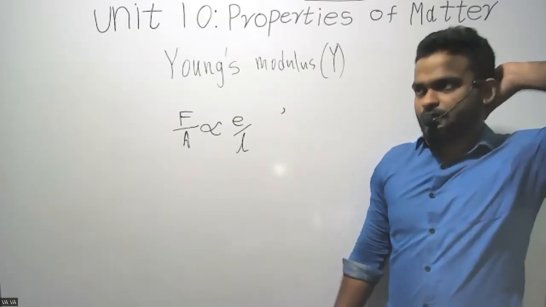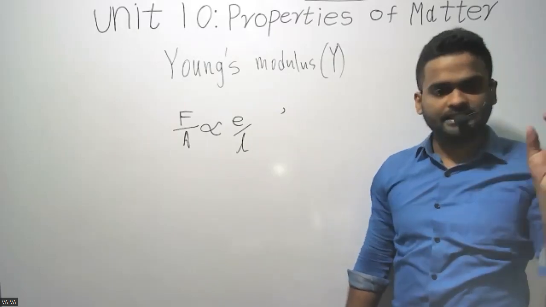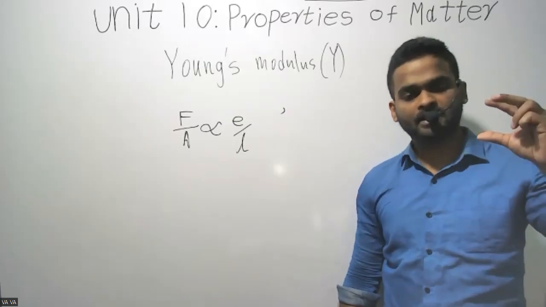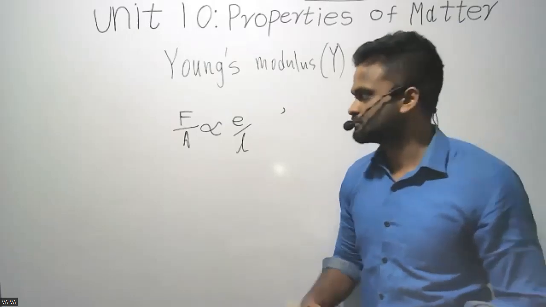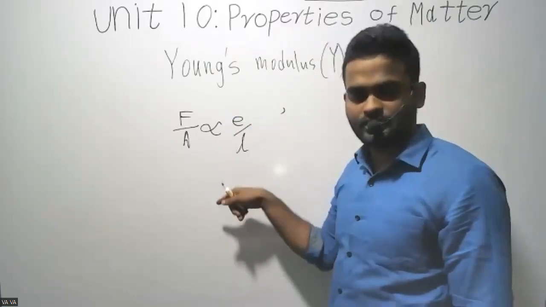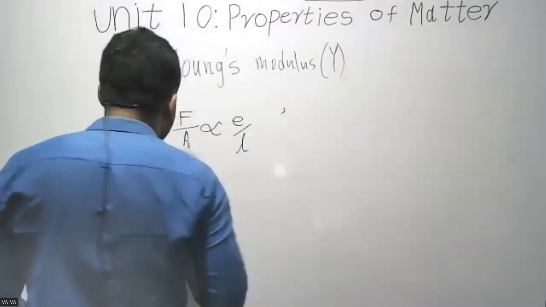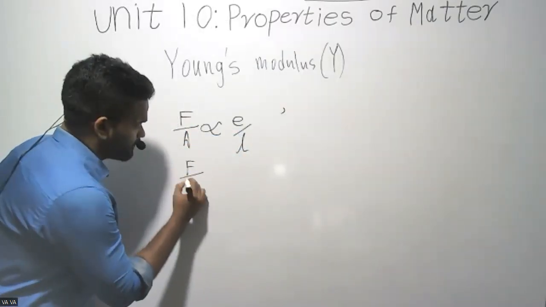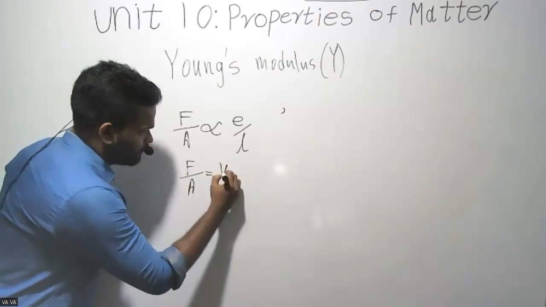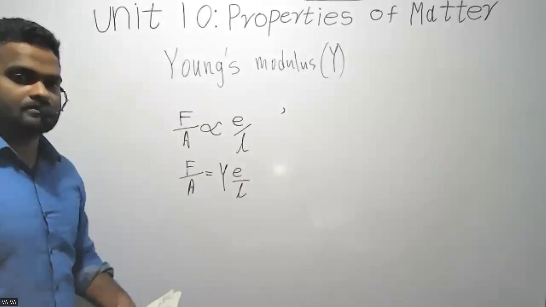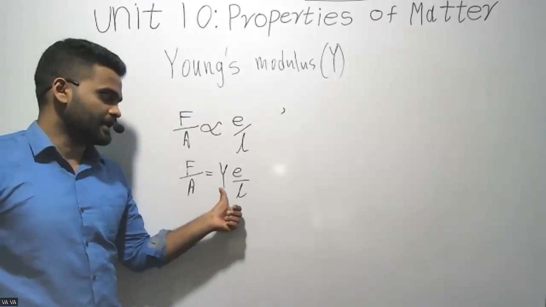You know that whenever there's a proportionality, you can put a constant and make it an equation. So I'm going to put a constant Y, E over L. Here now you get Young's modulus.